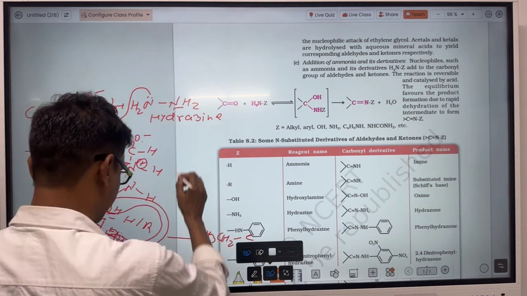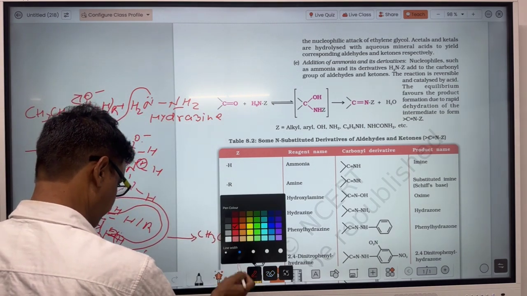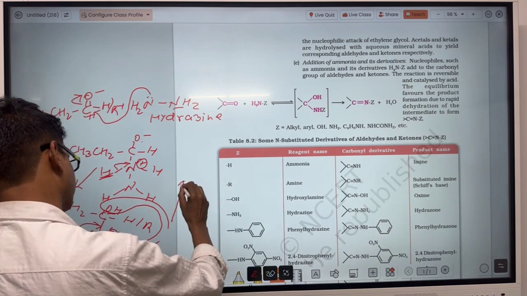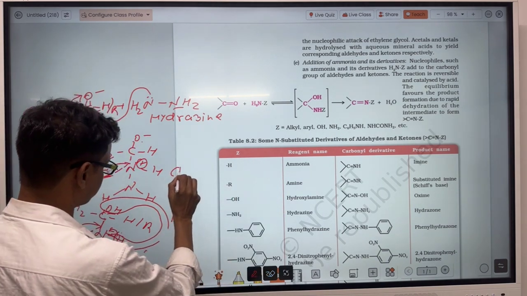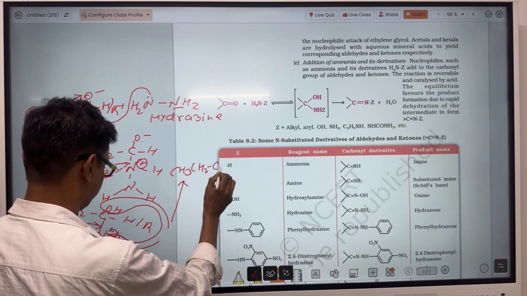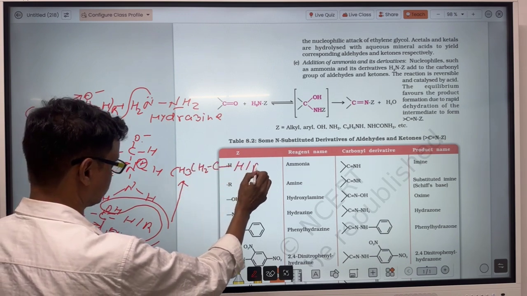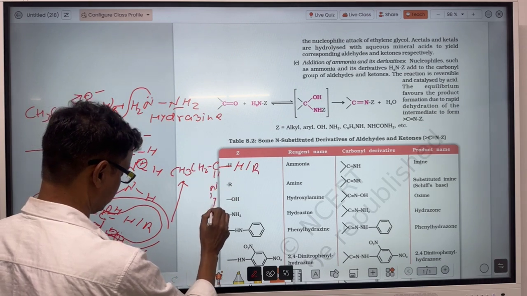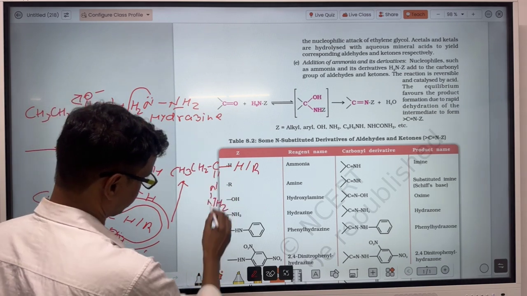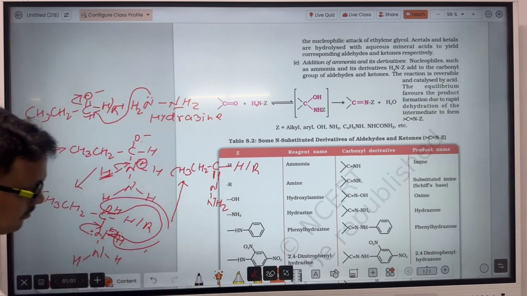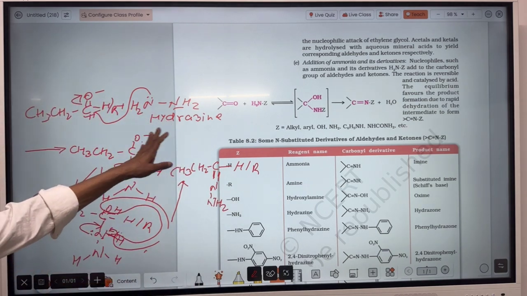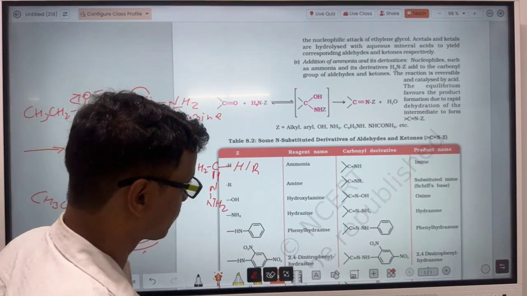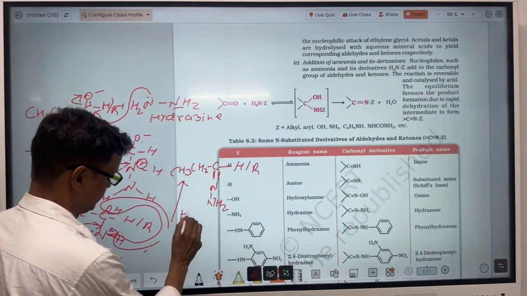This product I am writing here. This compound is called hydrazone.